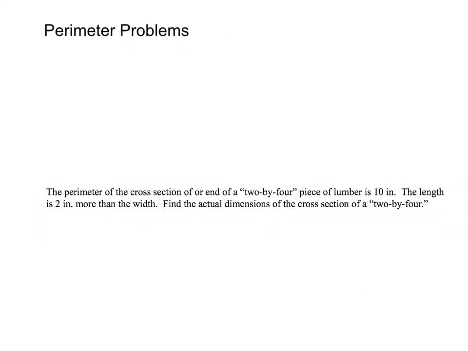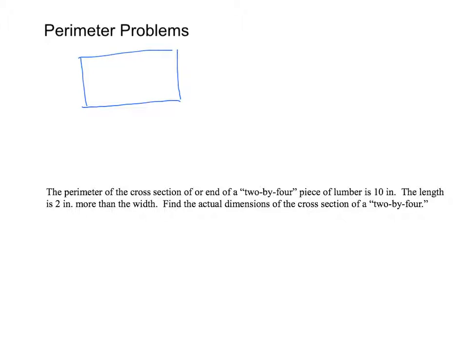Perimeter problems. Basically, for perimeter problems, we're looking at the perimeter of a rectangle. So we're always going to have the perimeter of some rectangle. And we're going to know something about one of the dimensions.